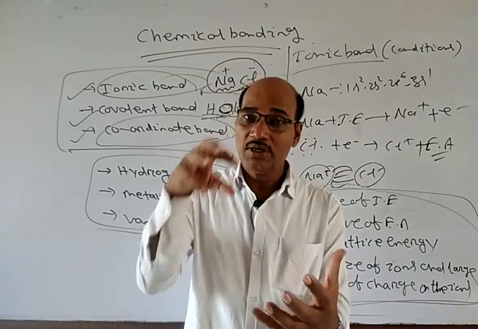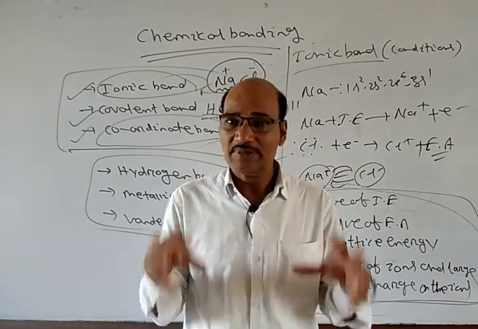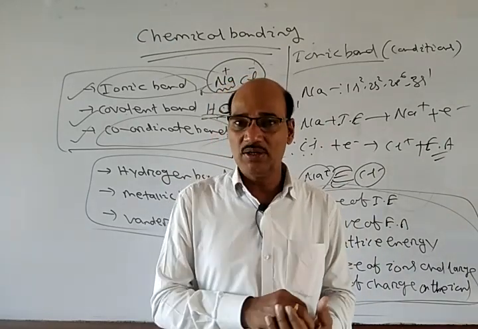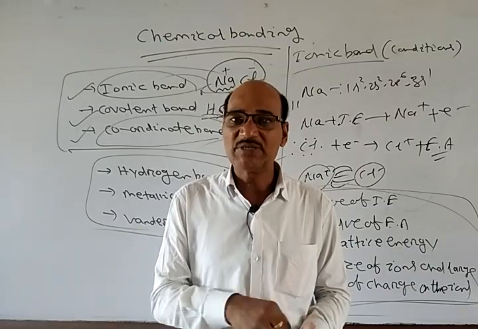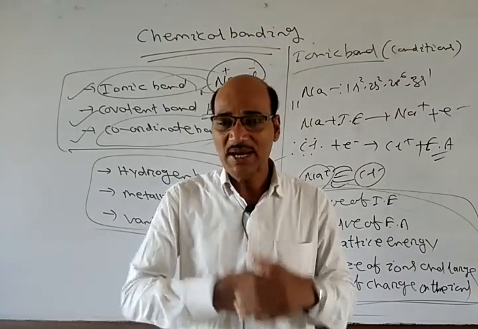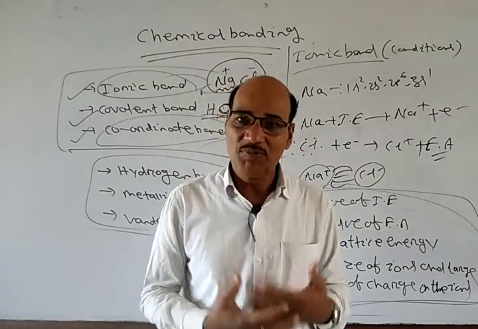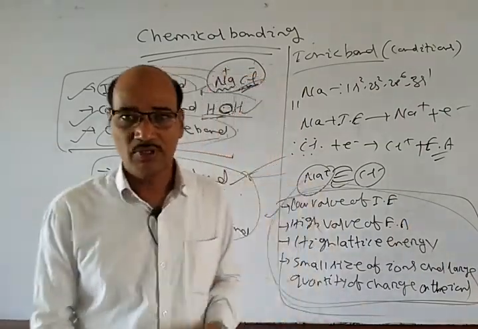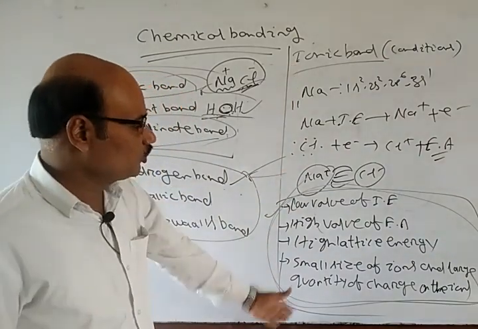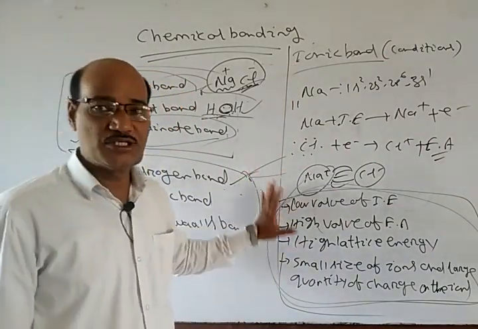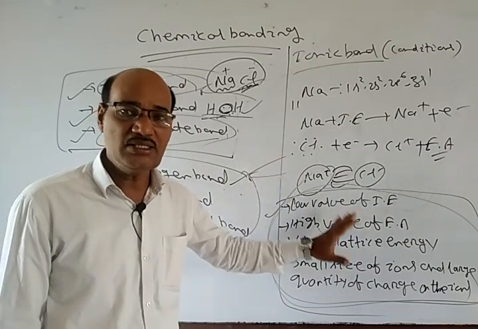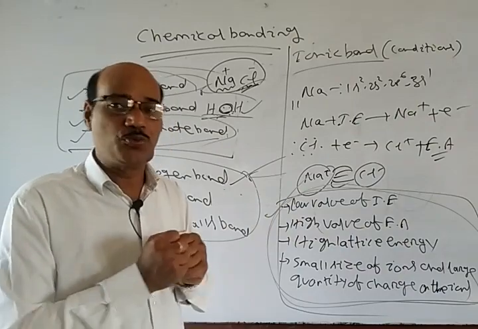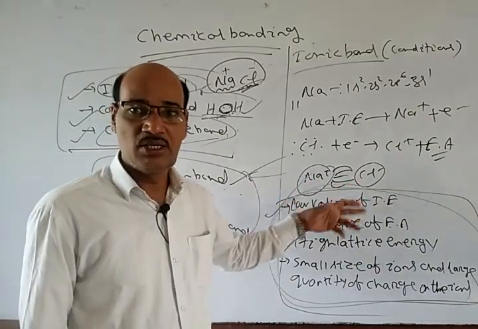However, only if the net force is attractive do the atoms combine. So for the formation of the chemical bond, the net force must be attractive. Then afterwards we decide whether it is in an ionic manner or covalent manner or any other manner. So from this discussion we conclude that there is always a net decrease of energy, and the formation of a chemical bond is always accompanied by net attractive forces, as between Na+ and Cl-.